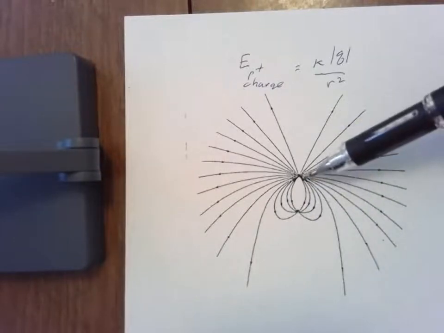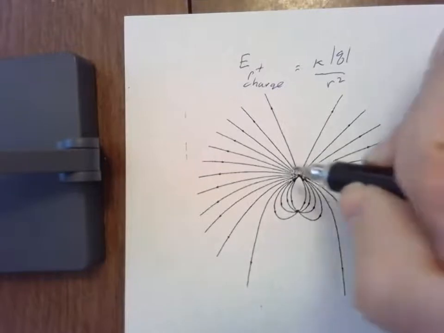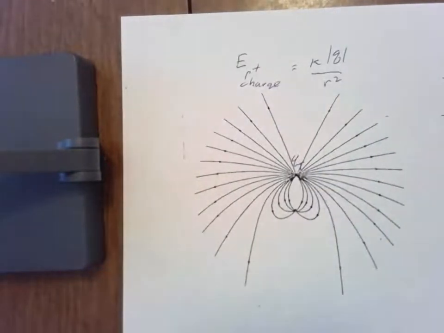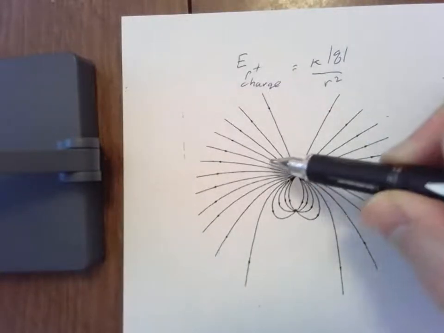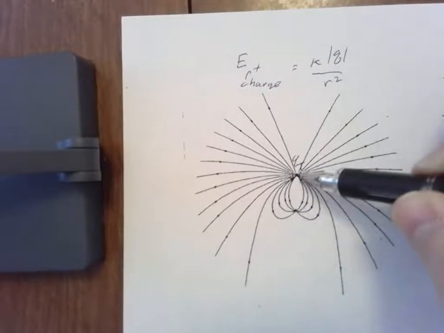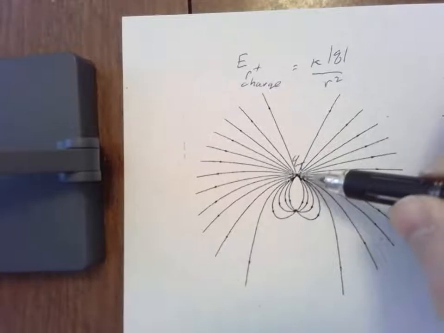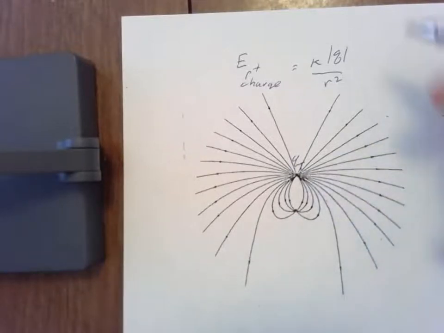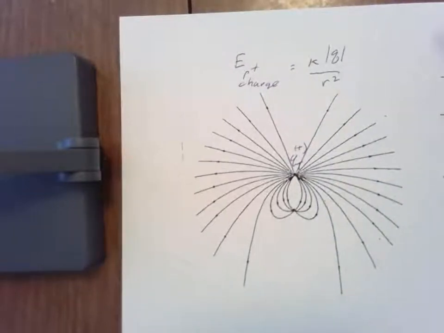And the arrows would show you that a positive charge placed anywhere close to this charge, we're going to call this guy QT, T for top, would experience a force directly away from that Q top, which means it would be repelled by Q top. And that's only possible if Q top is a positive charge, because like charges repel. So we know that Q top must be positive by that rule.